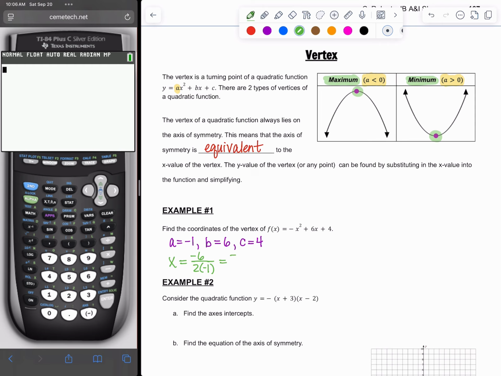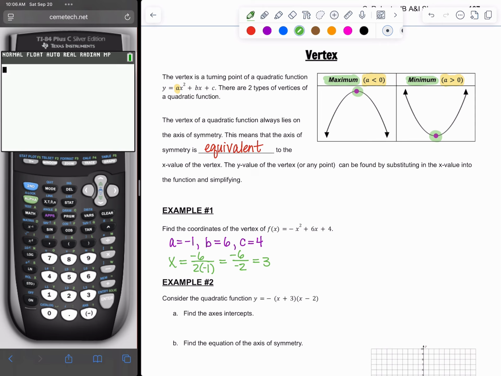And I know that that is negative 6 divided by negative 2, which is a positive 3. So this means that the axis of symmetry, or the x value of the vertex, is located at x is equal to 3.